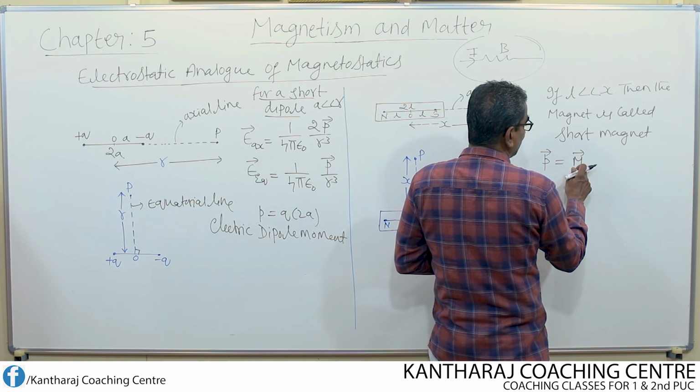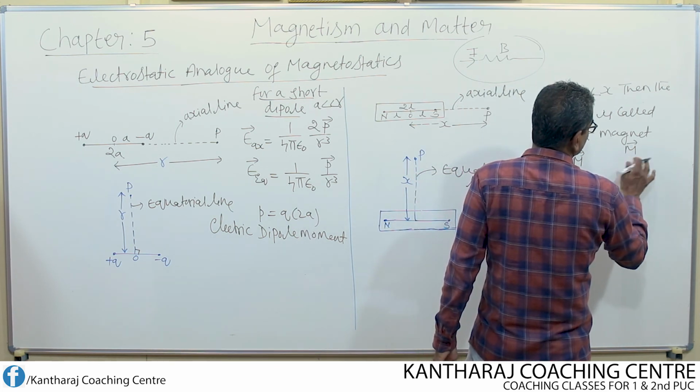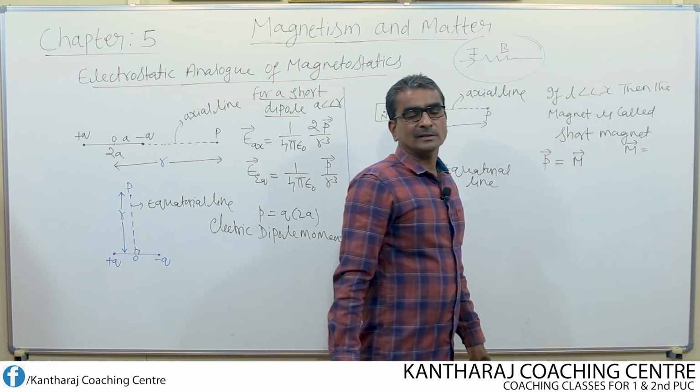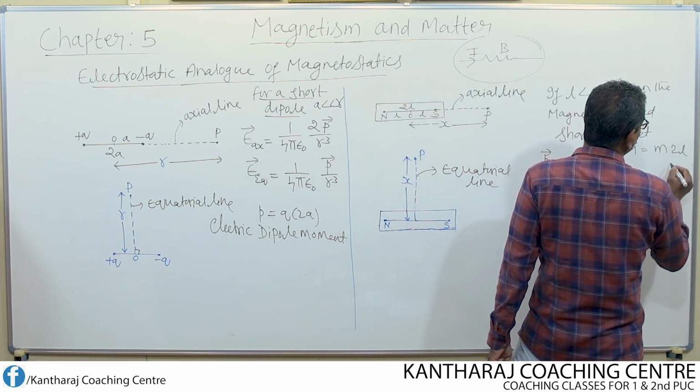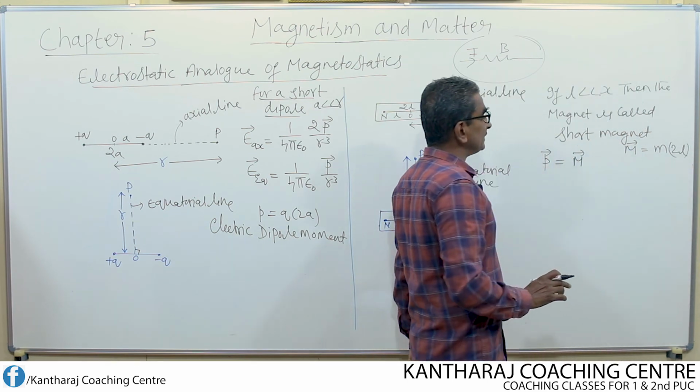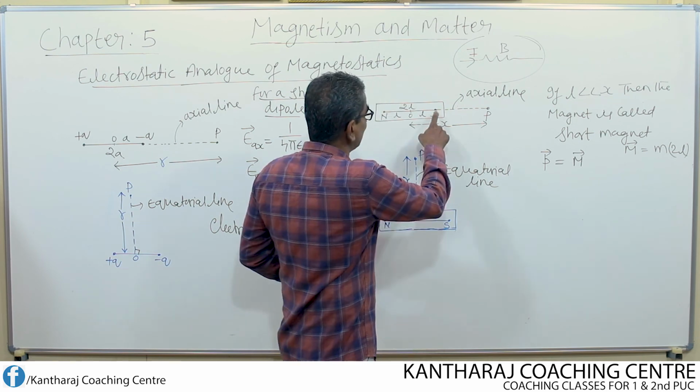What is the magnetic dipole moment? It is given by M into 2L. M is nothing but the pole strength of each magnet.